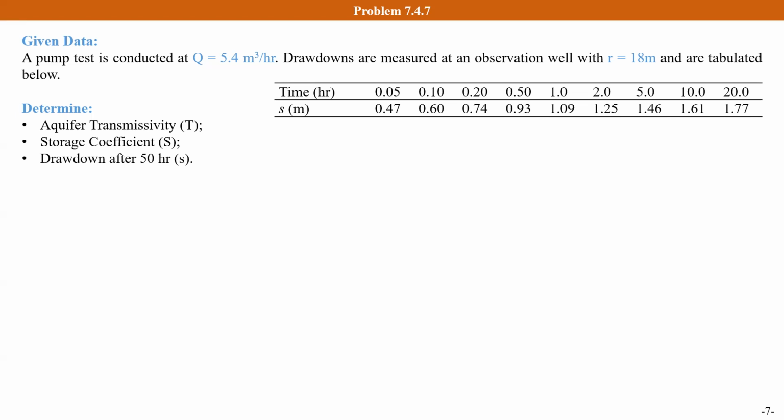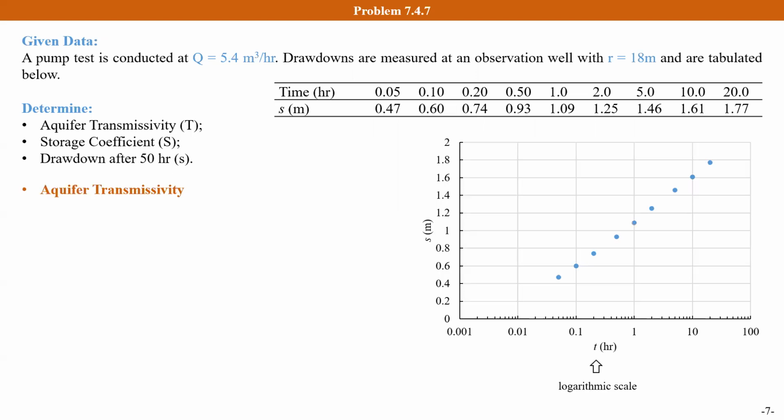To solve this problem, the first step, based on the given information in the table, we generate the plot on the right-hand side, and in this plot, we present the time in logarithmic scale. Based on equation 7.42, we can calculate the transmissivity. In this equation, we already know the flow rate.